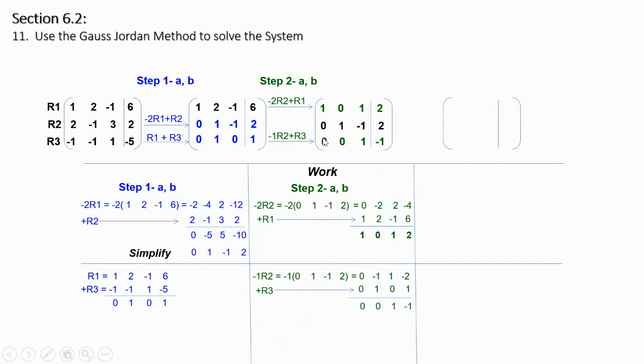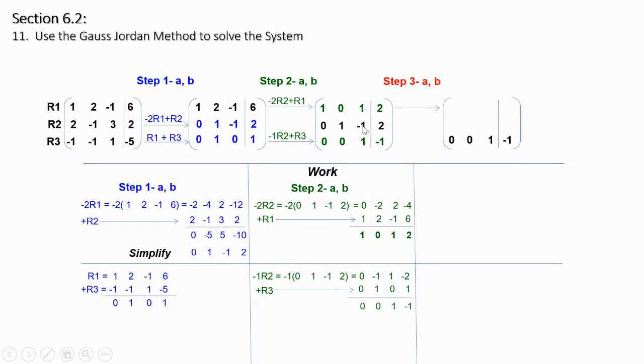So now I've done steps 1 and 2. You see, step 1 is make 2 zeros. Step 2 is make these 2 zeros. Now step 3, I need to make these 2 zeros, which is a 1 from row 1 and the negative 1 from row 2. And we have to use row 3. So step 3, row 3 stays the same. So the row 1 on the third column is going to change.